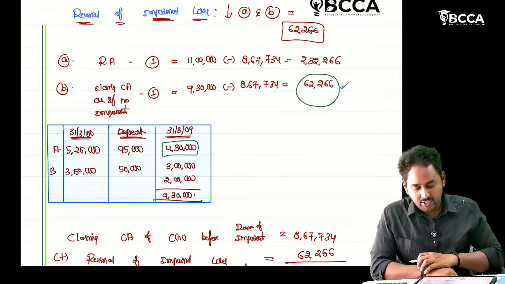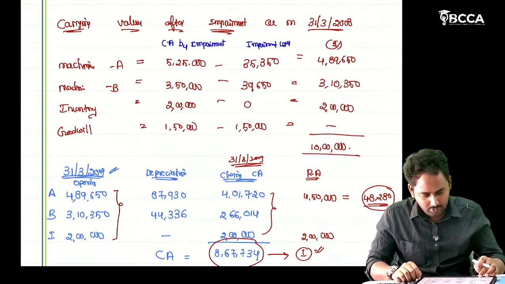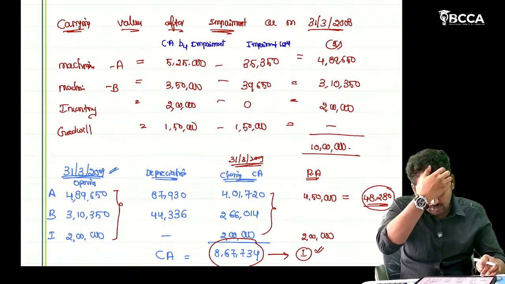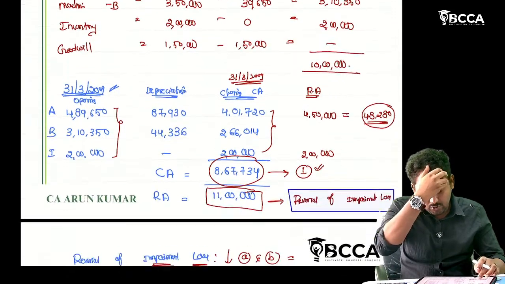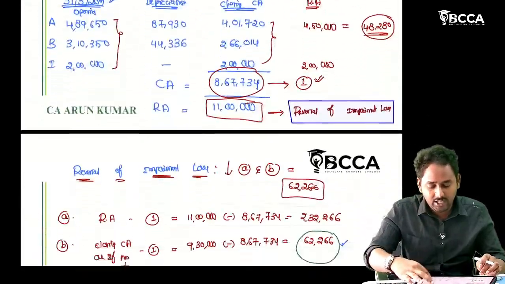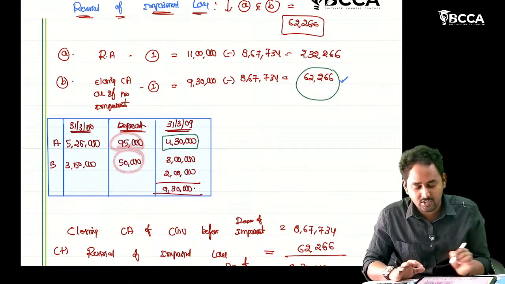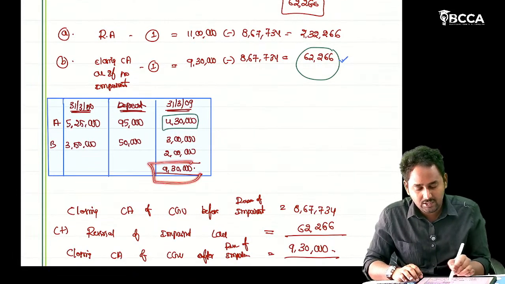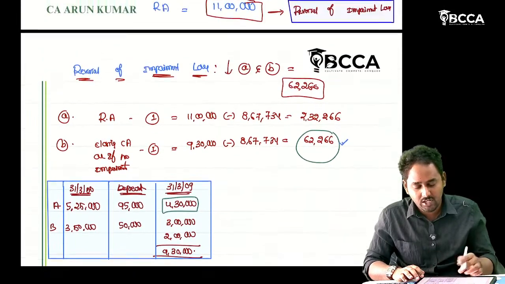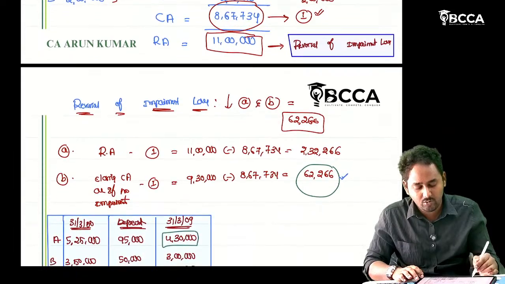I had provided the impairment loss in 2008. So I should ignore that impairment loss. If I ignore that impairment loss, what is the carrying amount of machinery A and B? Without impairment, the only adjustment is depreciation. So 9,30,000 rupees. From this 9,30,000 minus the equation 1 carrying amount, then you get this value.